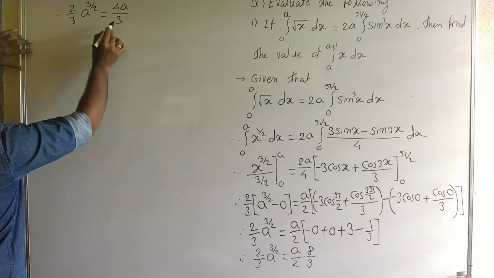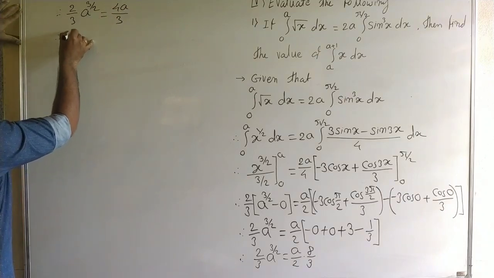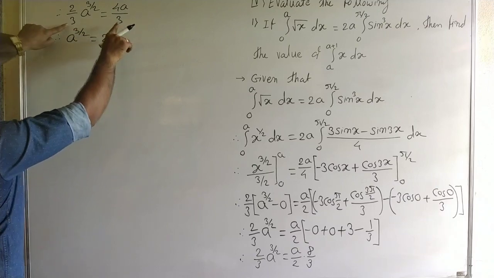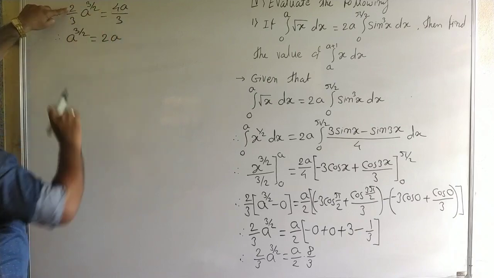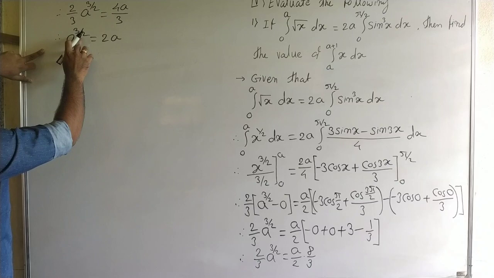Now again this 3 and this 2 get cancelled, we get a to the power 3 by 2 is equal to 2a. 3 and here it is 2 and here it is 4, so remaining it is 2a. Now here it is a power 3 by 2.